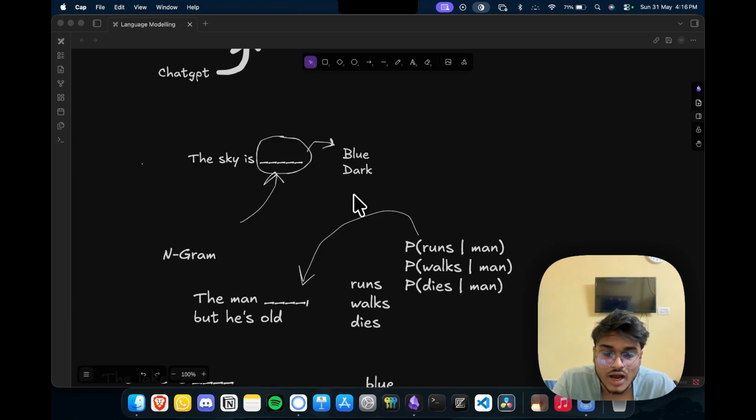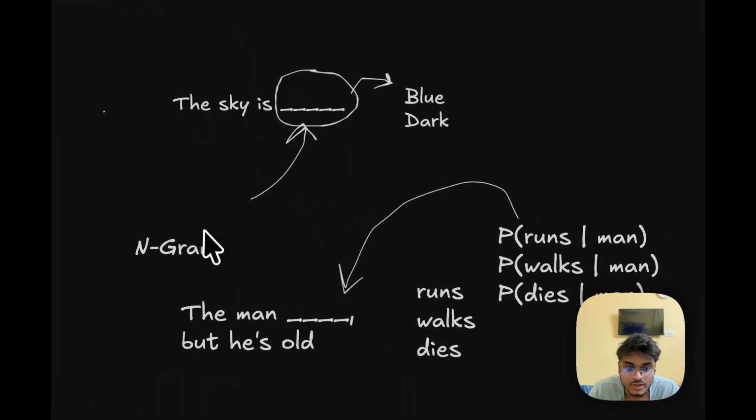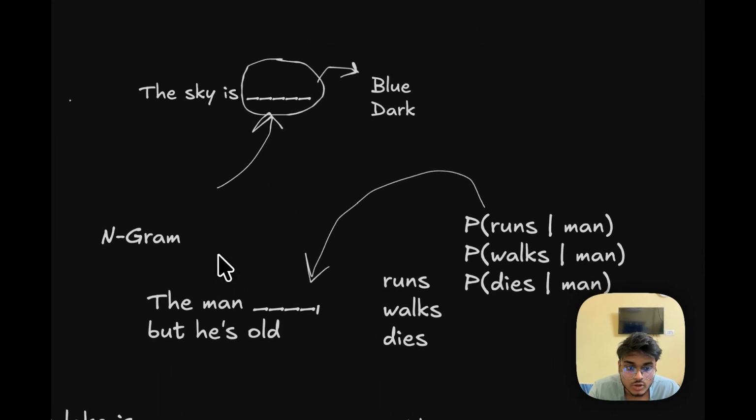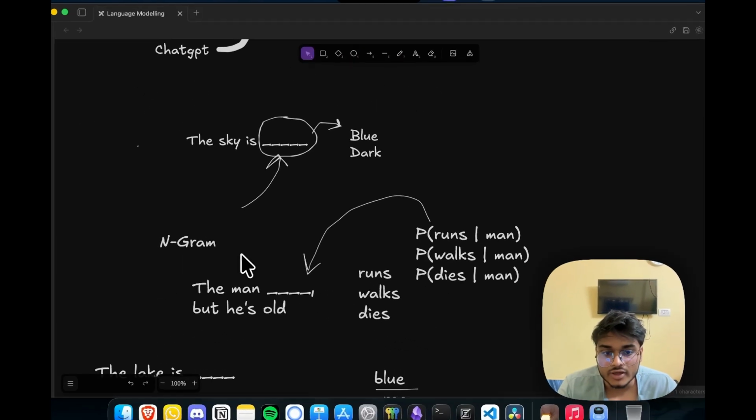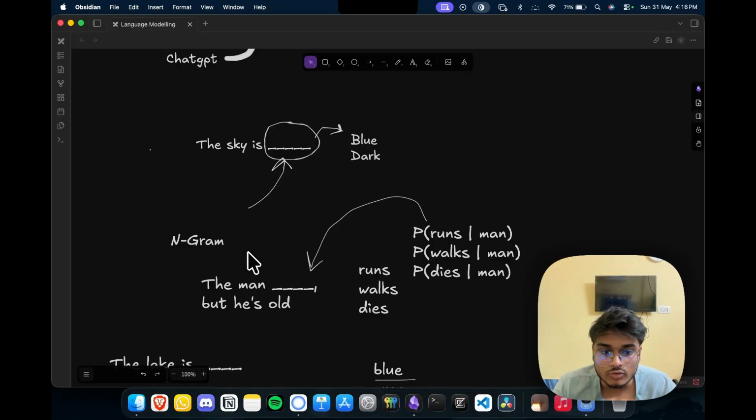So I was discussing something called the n-grams. We already talked about the idea of what to do in an Ngram: basically we are finding the probability of a particular word after a particular word. That is what we are doing in the Ngrams.